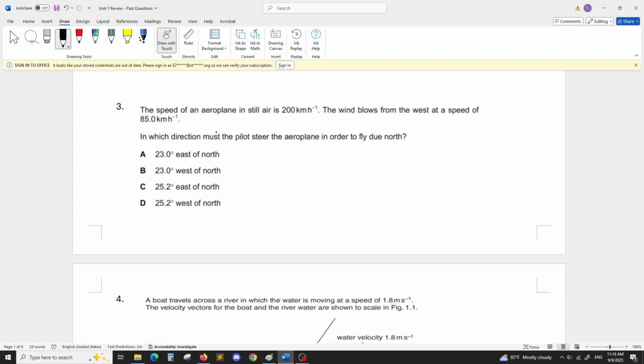So the speed of the airplane in still air is 200 kilometers per hour. So we know that the magnitude is 200. And the wind blows from the west at a speed of 85. So blows from the west, that means it starts from the west and goes east. And this is 85 kilometers per hour.